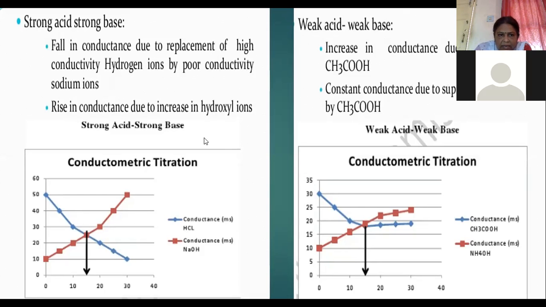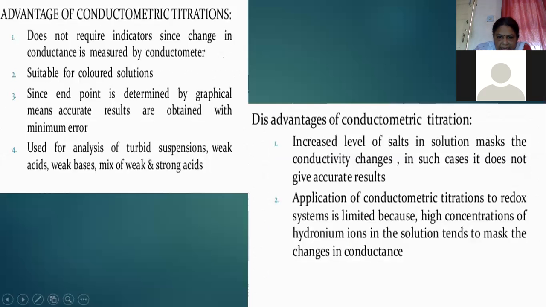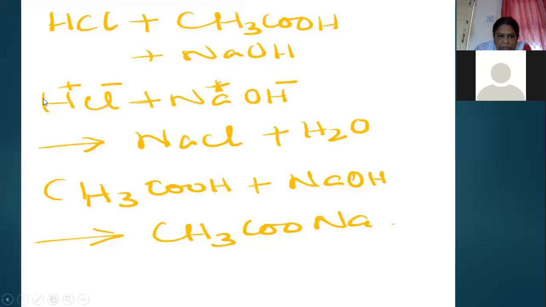Okay. So in the procedure that is written, whenever you are adding sodium hydroxide to HCl, how does the nature of the conductance change? Everything depends on the number of ions present in the solution. Let us take this example, suppose you are titrating the strong acid HCl against a strong base sodium hydroxide.